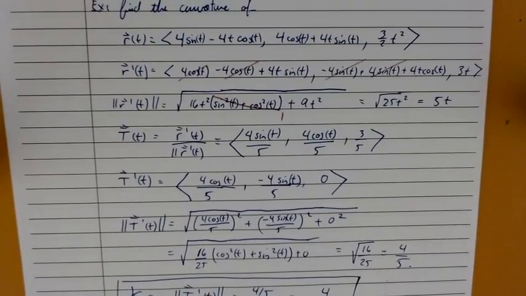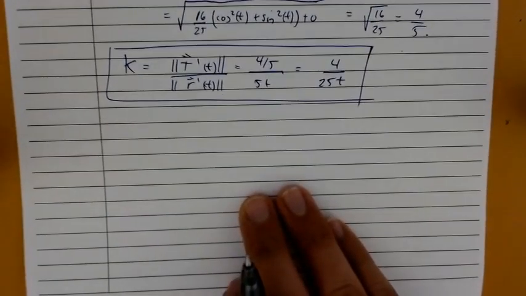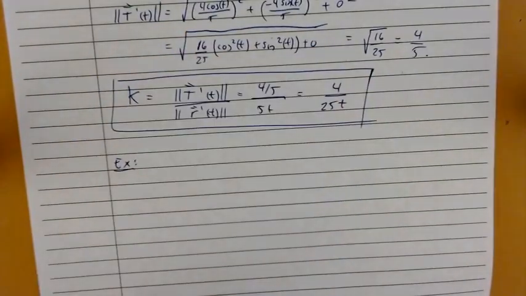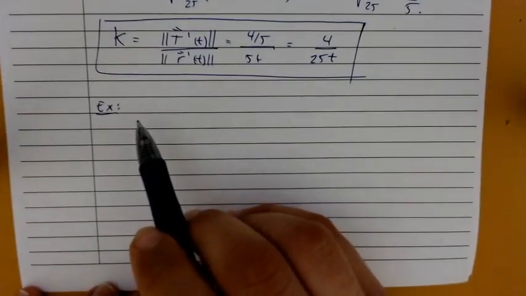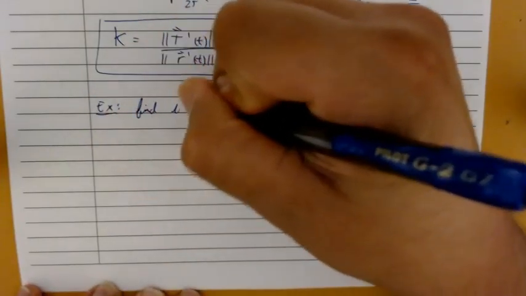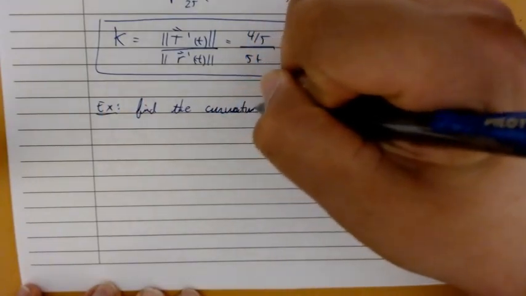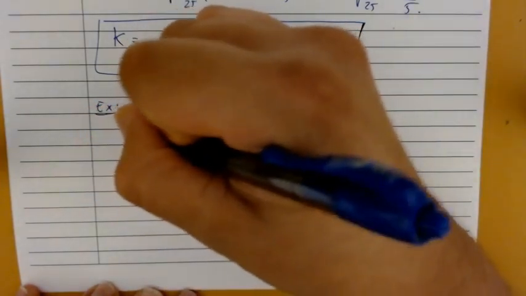Oftentimes I'll start with the simple one and I'll ask you to do one, and it turns out to be the complicated one. So here, let me give you the one that doesn't use trigonometry. Go ahead and give this a try. This should not be terribly difficult, and if you get a nice simple answer, well, that's what you're supposed to get. Find the curvature of r of s.